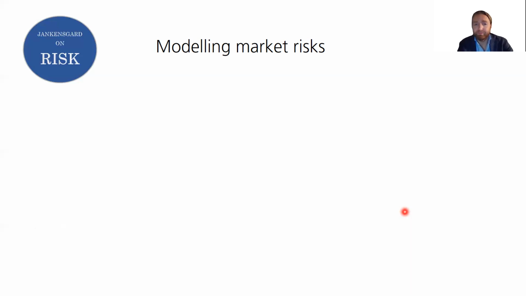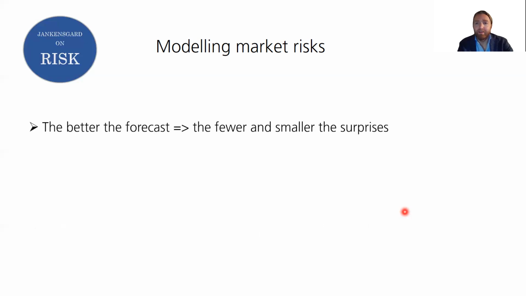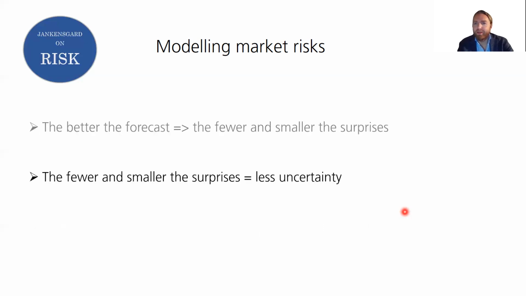So we have an interesting feature here of this kind of modeling, which is that the better your forecast is, the fewer and smaller the surprises. Which essentially means less uncertainty. So by getting better at prediction, we simultaneously reduce uncertainty. So risk is going down as forecasting ability is going up.